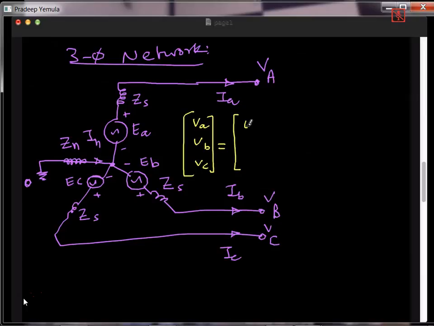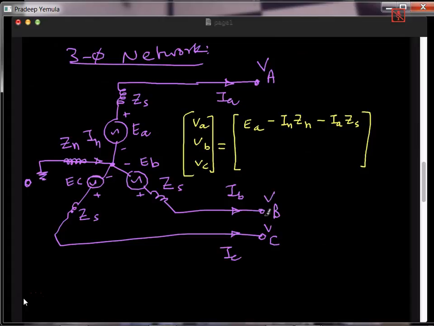So simply I can write EA minus INZn minus IAZs. So this is nothing but the A phase voltage. Out of the total EMF induced, two voltage drops I am subtracting. So it's simple Ohm's law I have written for VA.